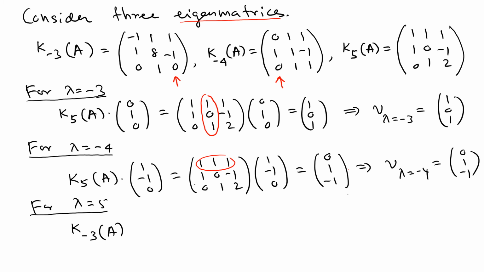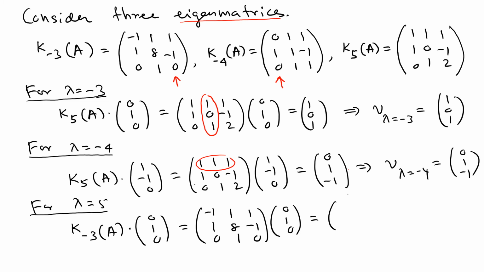Since the kappa matrix for negative 4 has 0, 1, 0, I'm going to pick that same one. I multiply the first matrix by that. Negative 1, 1, 0, 1, 8, 1, 1, negative 1, 0, multiply by 0, 1, 0. This means pick the second column. So that means 1, 8, 1. So the eigenvector for lambda equal 5 is 1, 8, 1.